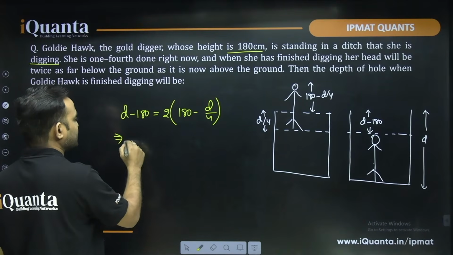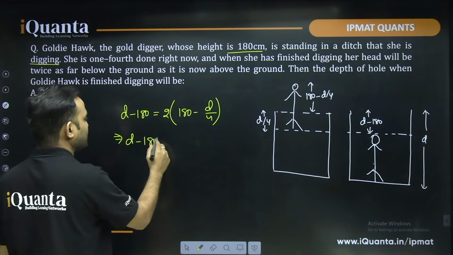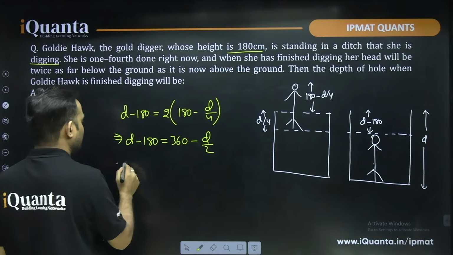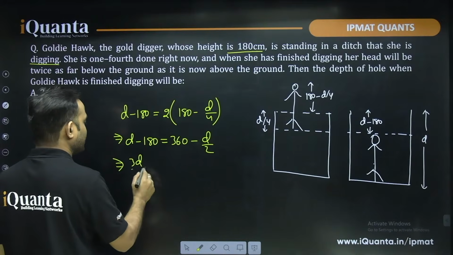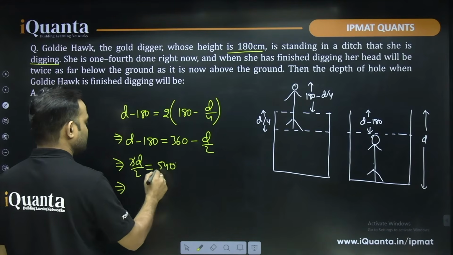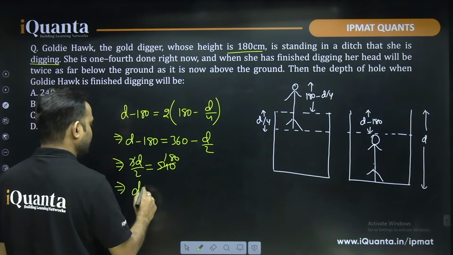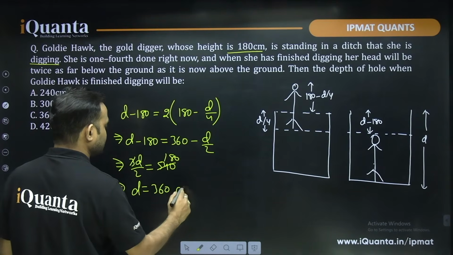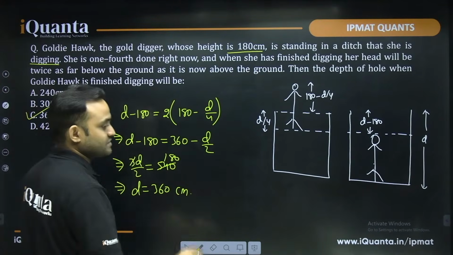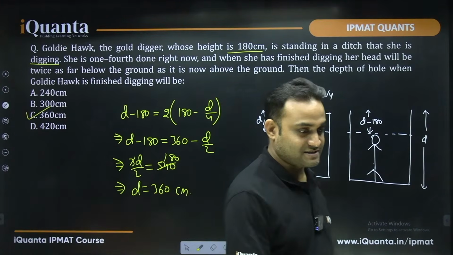So what we can say, D minus 180 is 360 minus D by 2, or 3D by 2 is equal to 540. This is 180, or D is equal to 360 centimeter. 360 centimeters. Option C is the correct answer, right?